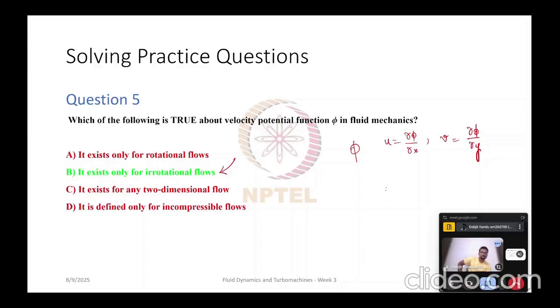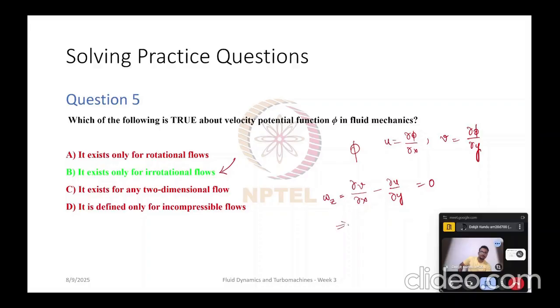and it is only defined for irrotational flows. For irrotational 2D flows, we can write this as ∂v/∂x − ∂u/∂y, that is the vorticity in the z direction, equals 0.